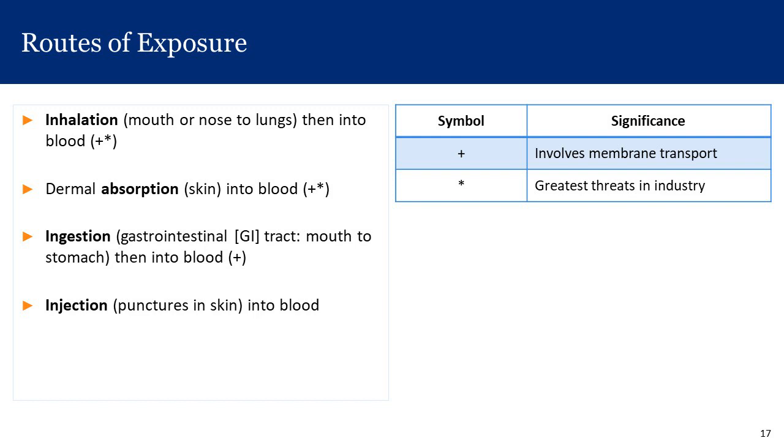So skin contact can also lead to something more systemic. Ingestion, the same thing. Things that are ingested may stay local to the gastrointestinal tract, or they can go systemic as well. And injection, of course, into subcutaneous tissues and ultimately potentially systemic transport.